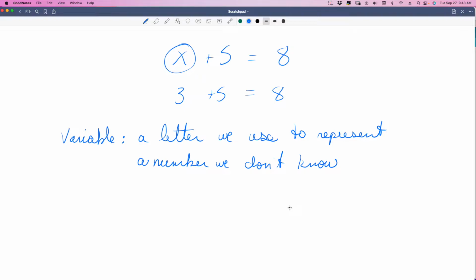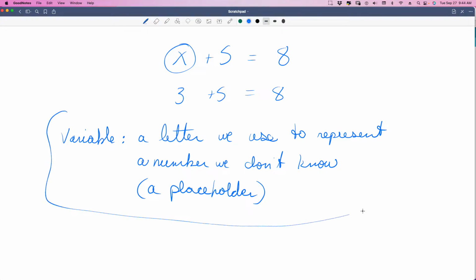Or it takes the place of a number. It's just like a placeholder. So let's put that in here too. It's a placeholder. And we use it a lot for factors. Okay? So write that. That's important to understand what that variable is.